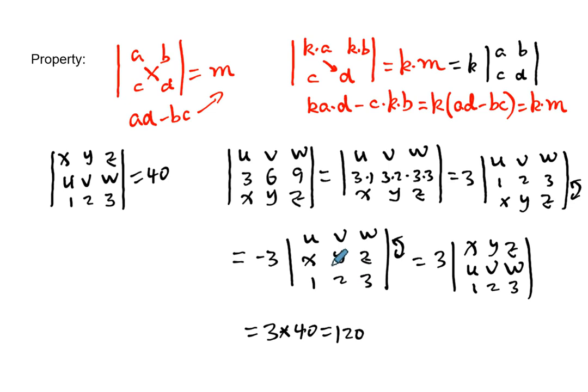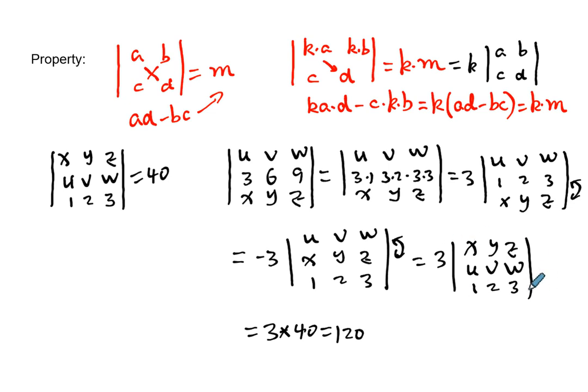Now we are close, because row 1 and row 2 are swapped. So if we exchange those two rows, this negative switches back to positive, and X, Y, Z goes upstairs. Downstairs, the second row is U, V, W, and then 1, 2, 3.